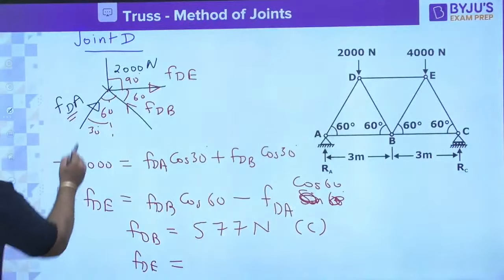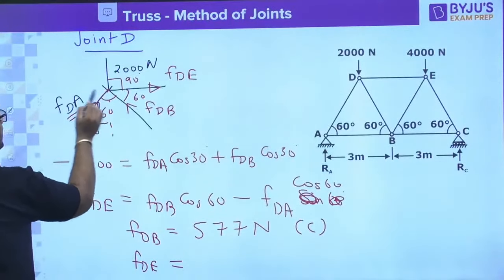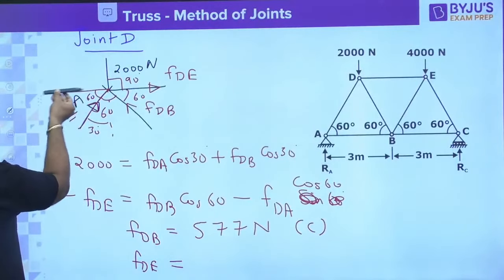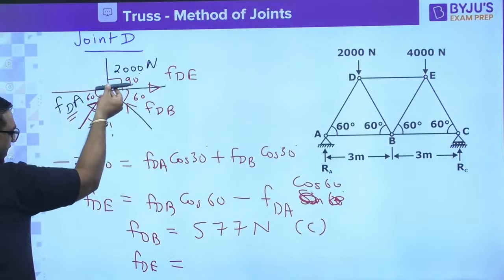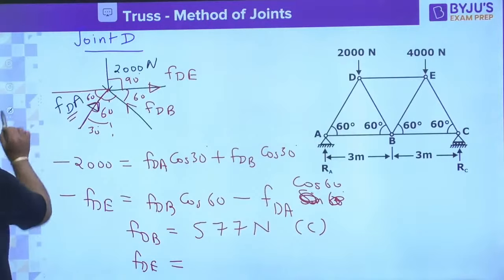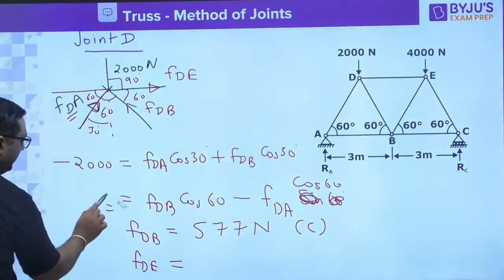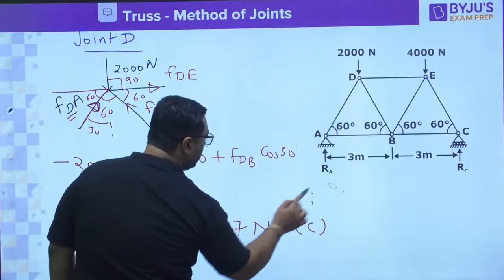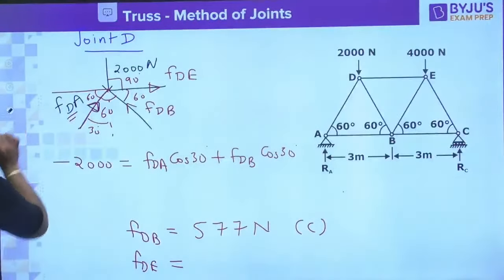FDA, okay, this is FDA. So you know that here the angle is 60 degree. So FDA cos 60 will be in this direction, so it is in the direction of FDE. Okay, so that is the reason. Is it fine, guys? If you have any doubt in this equation, I am writing it again.